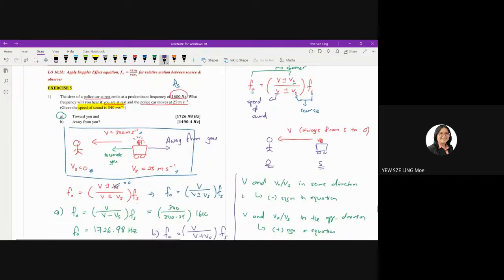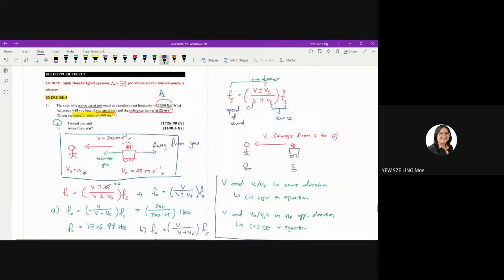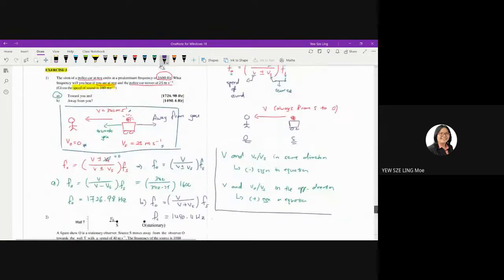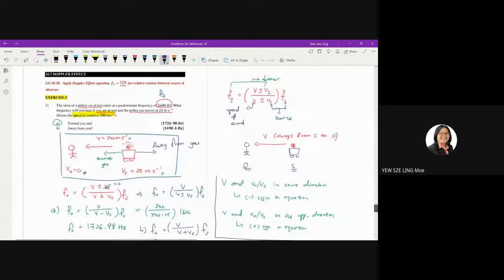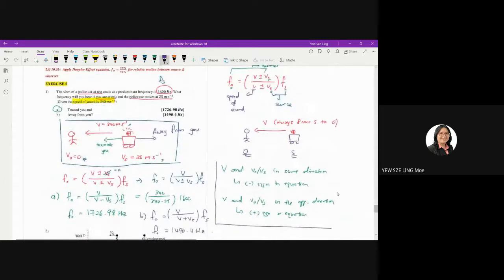Now I give you a few minutes to write out the summary and also the solution. It will be better if you can sketch the diagram, so that you can see the relationship between every single variable.